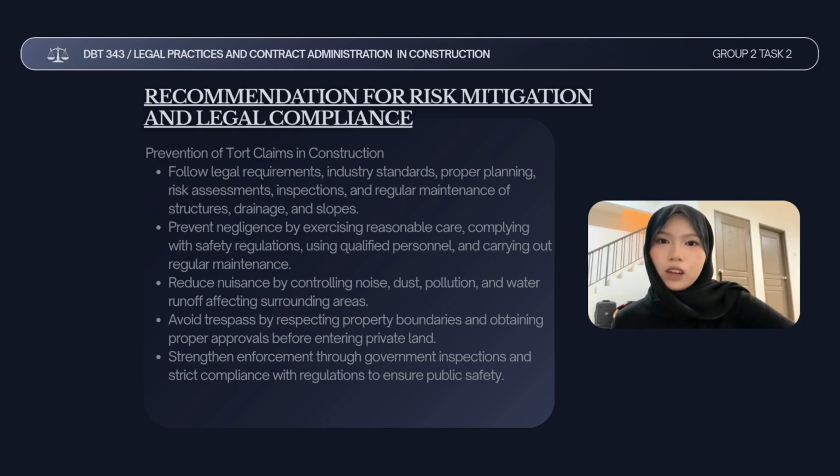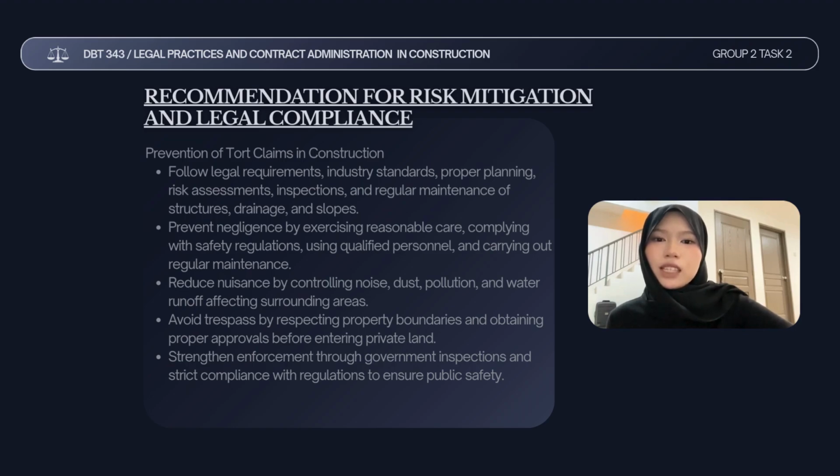So prevention of tort claims in construction is to follow legal requirements, industry standards, proper planning, risk assessments, inspection and regular maintenance of structures, drainage and slopes. Prevent negligence by exercising reasonable care, complying with safety regulations, using qualified personnel and carrying out regular maintenance.